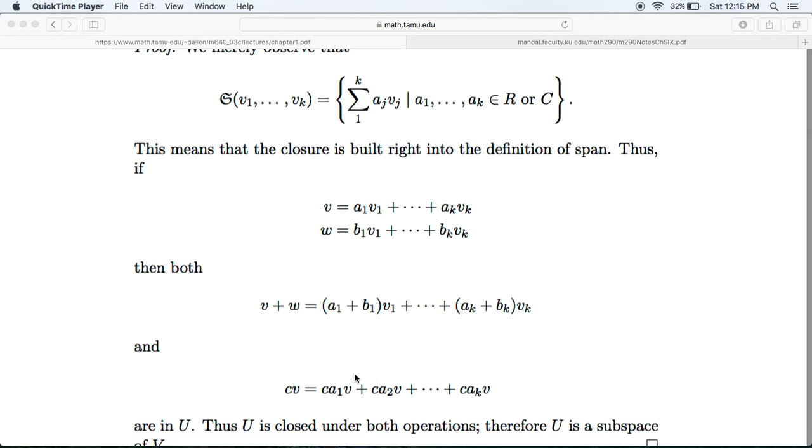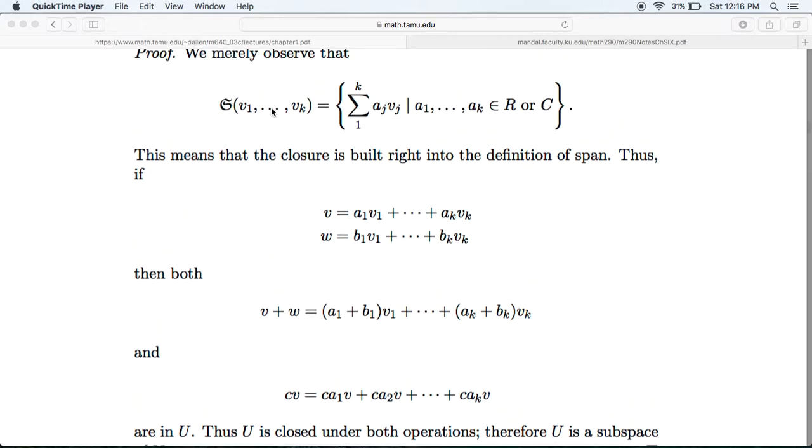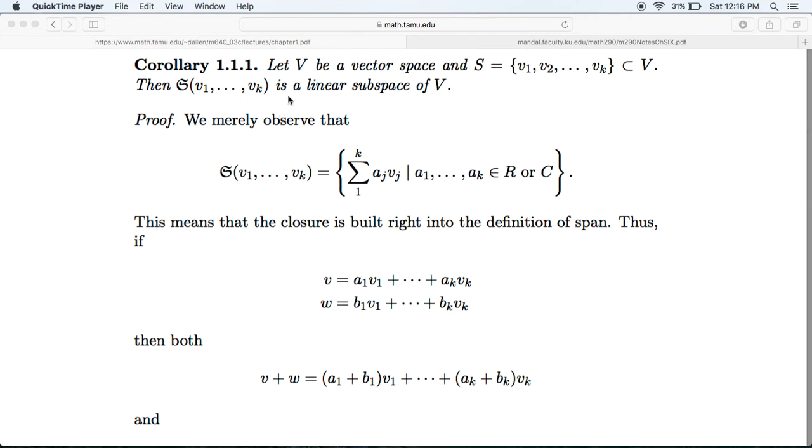Similarly, it is closed under scalar multiplication: c times v is c times all these, c a1 v1 plus dot dot dot c ak vk. And this again is a linear combination of v1 to vk. Thus cv again belongs to the span of S. Hence, we can say that this span is a linear subspace of V.